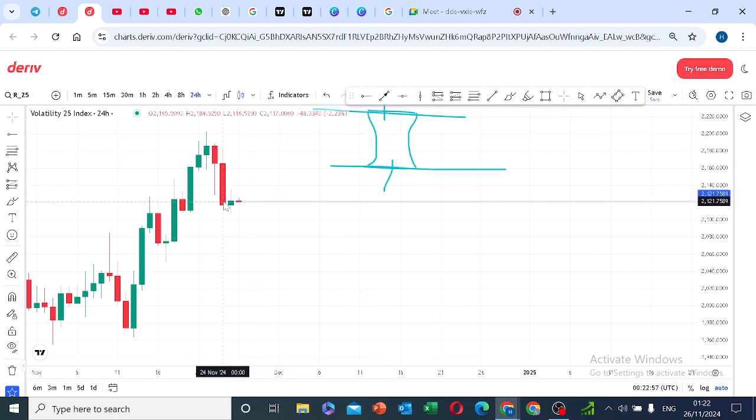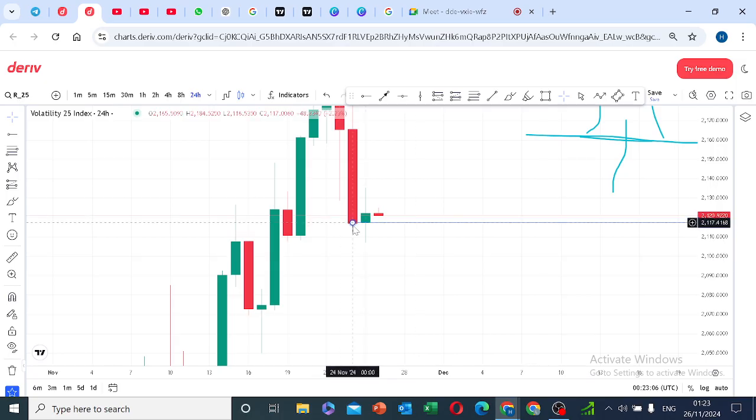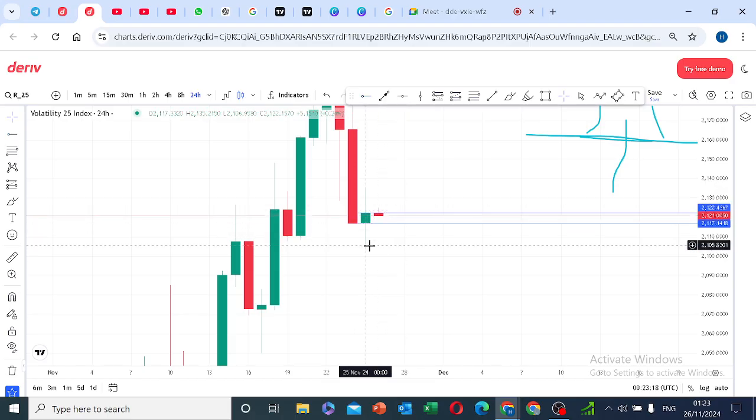The daily candlestick opened from the bottom here. Let me make it wider so that we can get the message. I just want to make sure you understand every bit of it. The daily candlestick opens from this bottom here and closes at the top here, leaving wicks behind. This is where it opened, and this is where the daily candlestick closed.